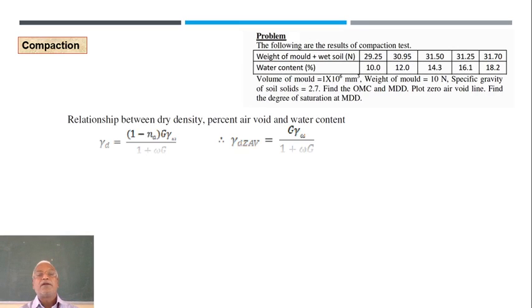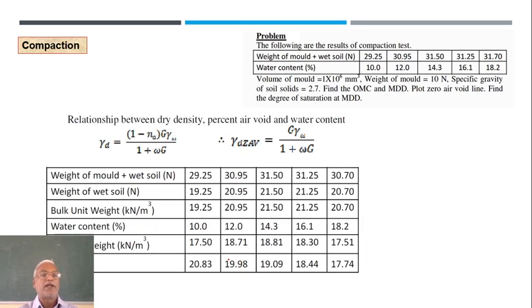Okay. Now this is how one can calculate. So this is W2 already given. Weight of wet soil will be W2 minus W1, where W1 is given to be 10 here.